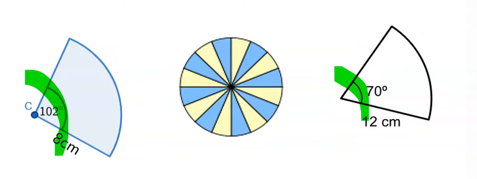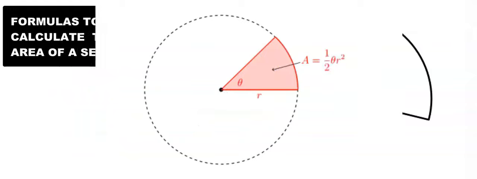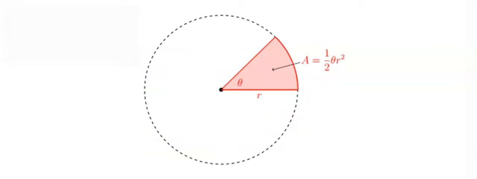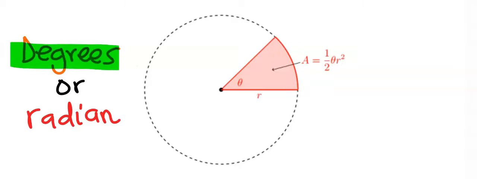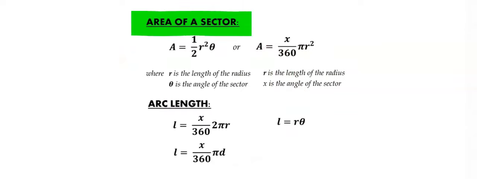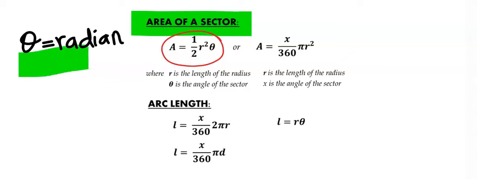There are two ways of calculating the area of a sector, either in degrees or in radian. For the area of a sector, the first formula is using 1/2 multiplied by r squared multiplied by theta, where theta is in radian.